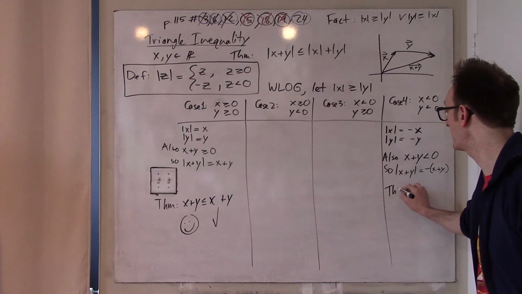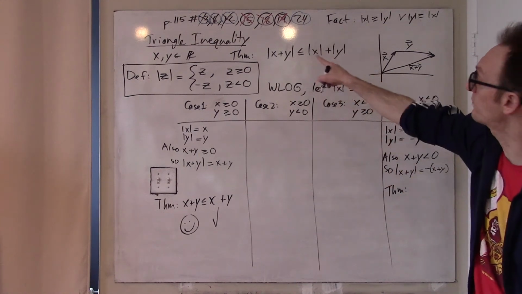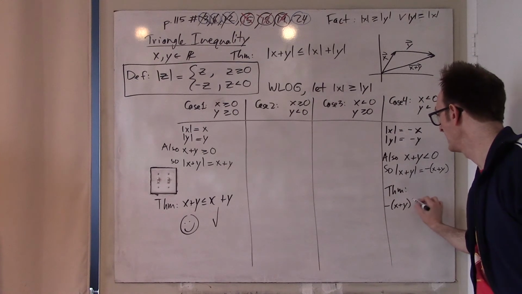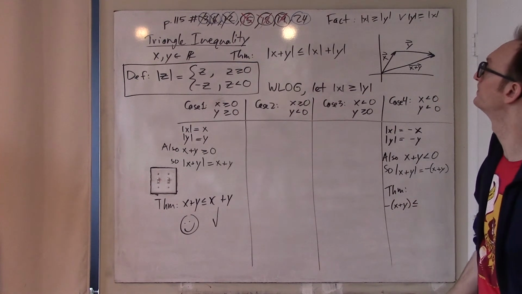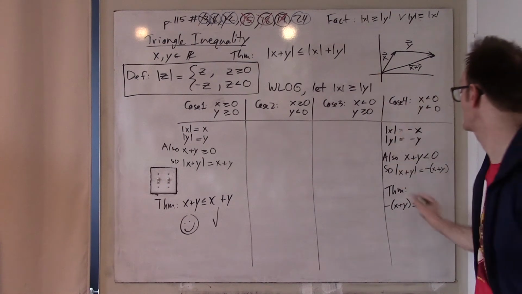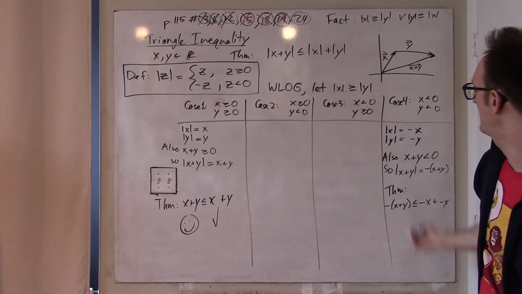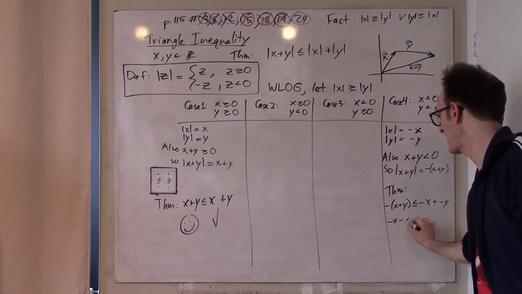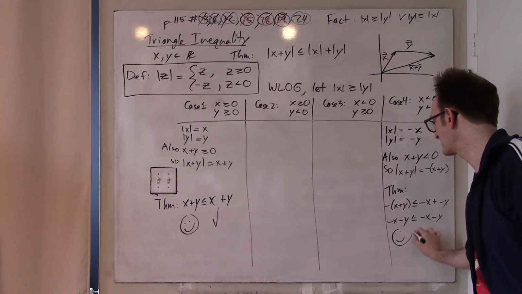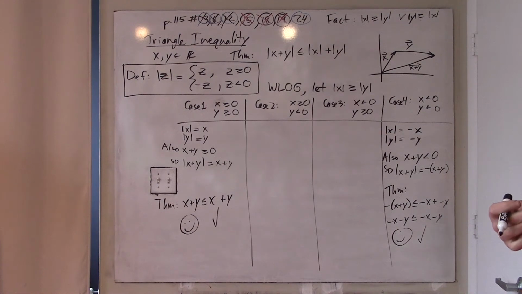Therefore, the theorem that needs to be proved in this case is that the absolute value of x plus y, which reduces to negative x plus y, is less than or equal to the absolute value of x, which is negative x, plus the absolute value of y, which is negative y. And indeed, this just says that negative x minus y is less than or equal to negative x minus y, and that's just true. Okay, so those are the two easy cases.